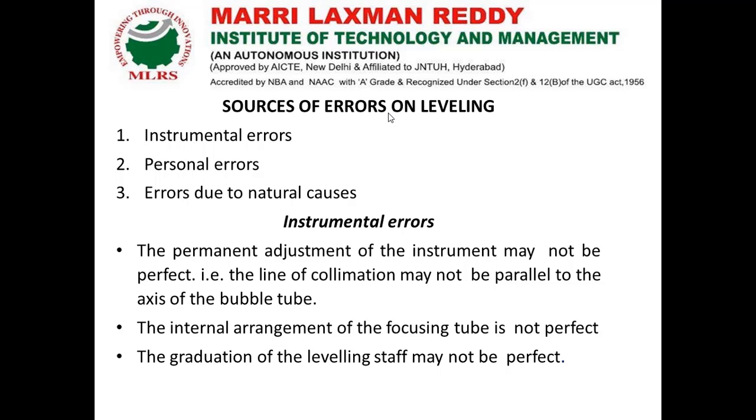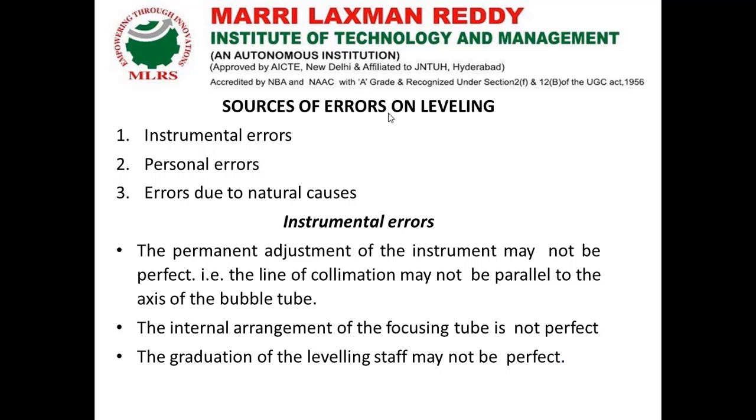Next, sources of errors in leveling. There are three types of sources: instrumental error, personal error, and error due to natural causes. Under instrumental error, there are some permanent adjustments of the instrument.